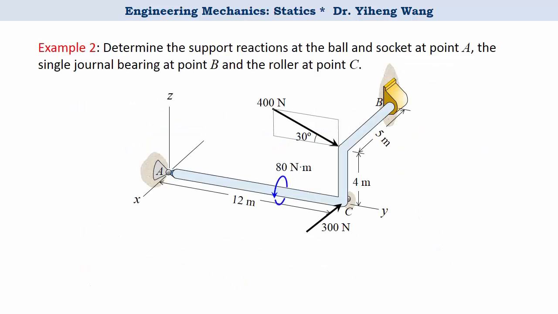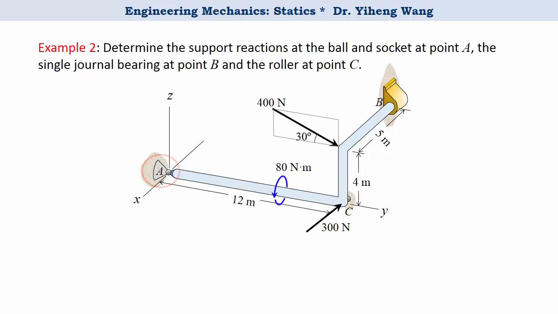Lastly, let's look at another example with a ball and socket support. Ball and socket support allows rotation about all axes but prevents translational motions along all three directions. And therefore, it exerts force reactions in all three directions but no moment reaction. Actually, the joints at our shoulders can be considered as ball and socket supports.